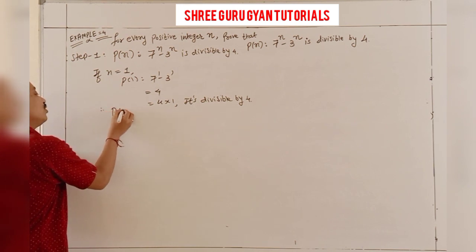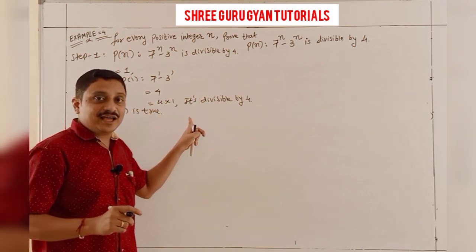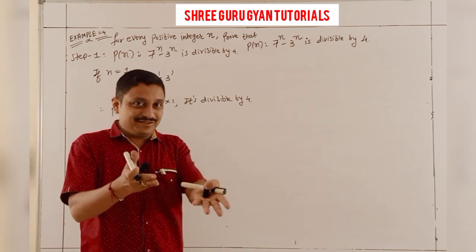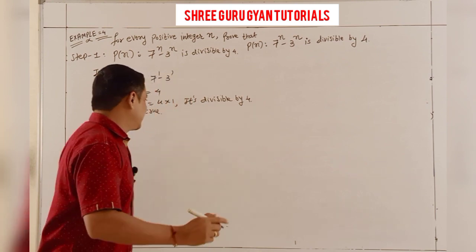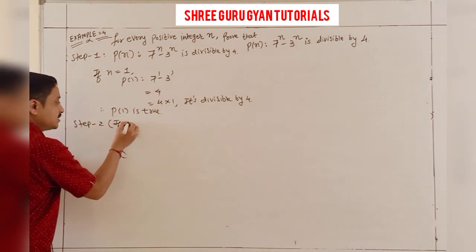Therefore P1 is true. Students, if you get 8 here, then you take 4 into 2, but it is divisible by 4, no? Yes.